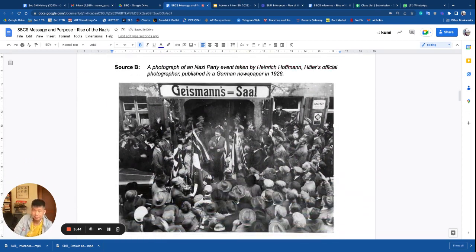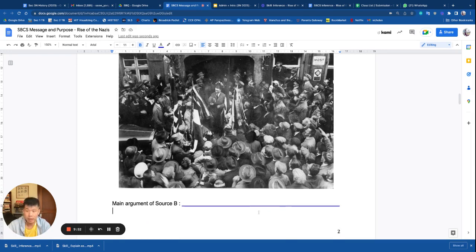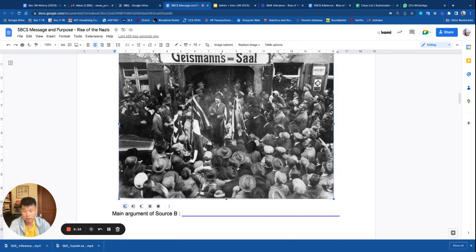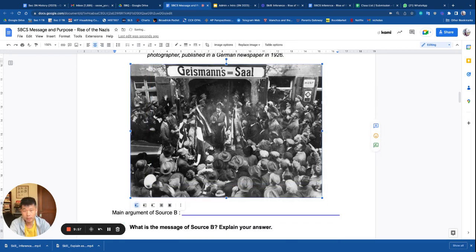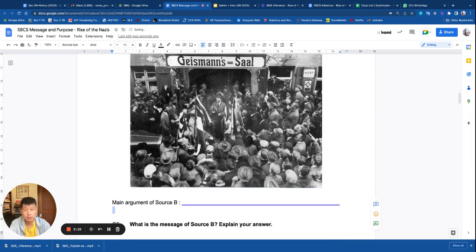Now let's go to question 2. This time we are trying to get the message of a pictorial source. I think this is quite a straightforward source. What's the main argument? Again, we start with generating ideas. What ideas do we have?